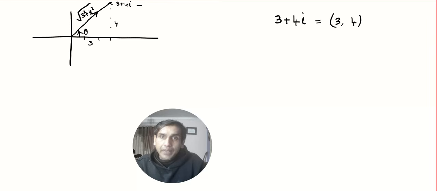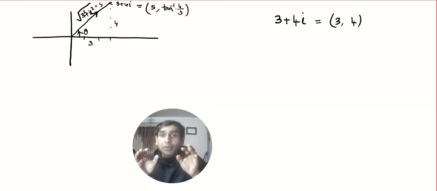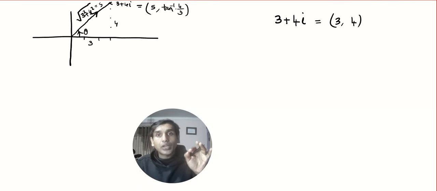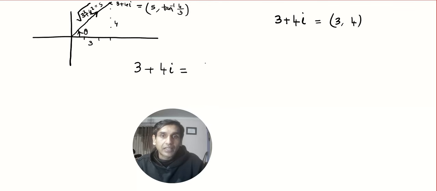So the same complex number can be converted into, what is root under 3 square plus 4 square? 5, comma tan inverse 4 by 3. If you are able to write like this, it is called the polar coordinate form. So look at this, 3 plus 4i can be written as 5 multiplied by cos theta plus i sin theta.